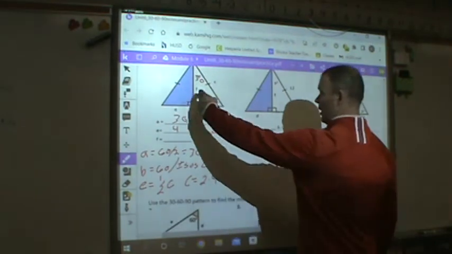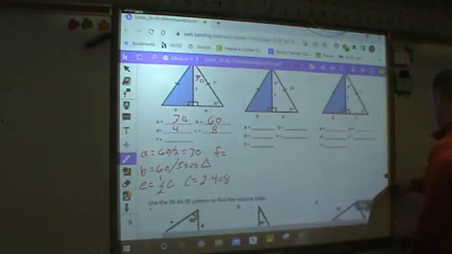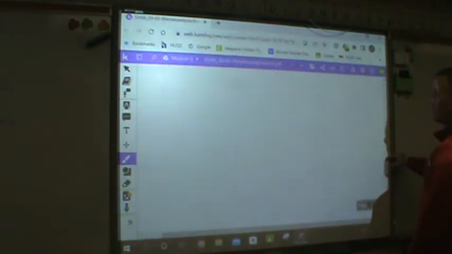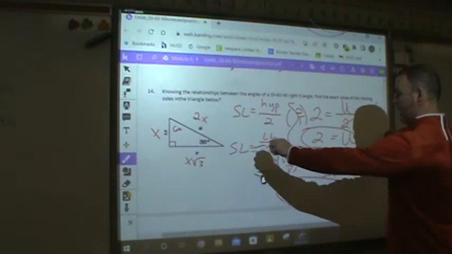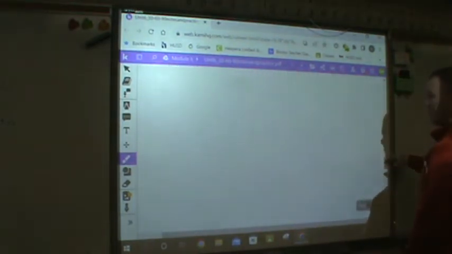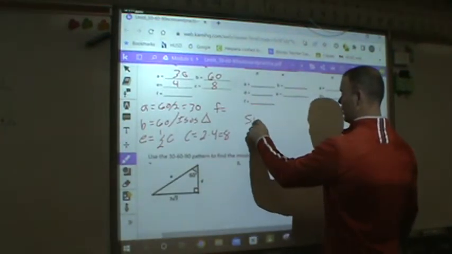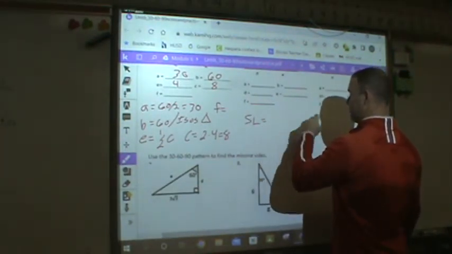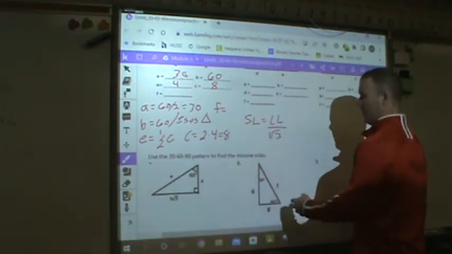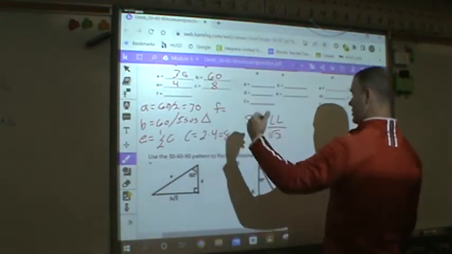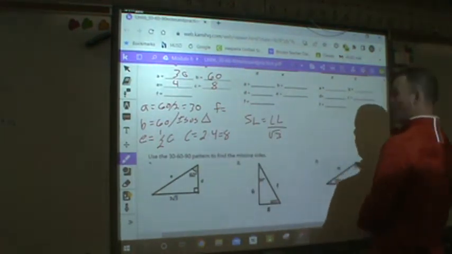F is a long leg, so let's go back and throw in our formulas. What were our two formulas that we talked about the other day, the one that specifically involved the long leg? Short leg is equal to long leg divided by rad 3. F is the long leg. What do I know?